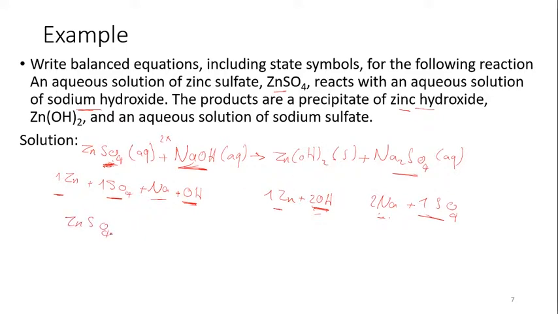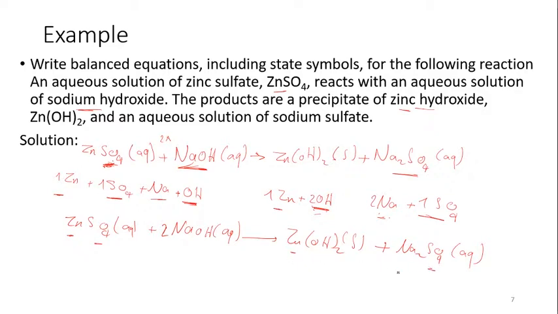So ZnSO4 aqueous plus 2 NaOH, and this is also an aqueous solution, to give me zinc hydroxide, which is solid, and Na2SO4, which is an aqueous solution. Now if I count the number of atoms, I have 1 zinc on both sides, 1 sulfate on both sides, 2 sodium and 2 hydroxyl, and here 2 hydroxyl and 2 sodium. So this is the final stage, the balanced chemical equation.